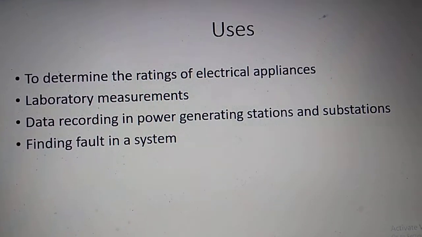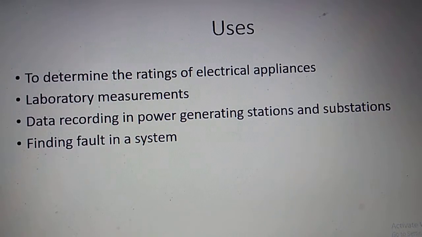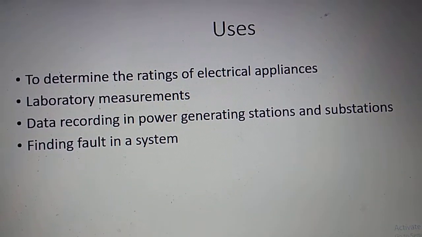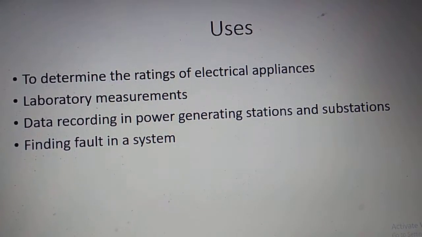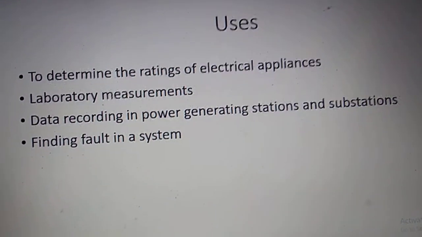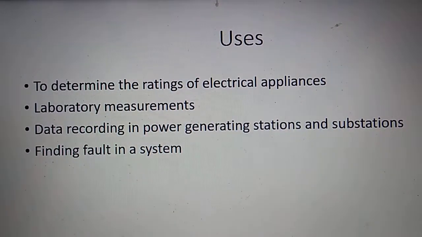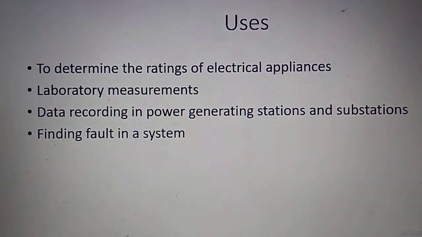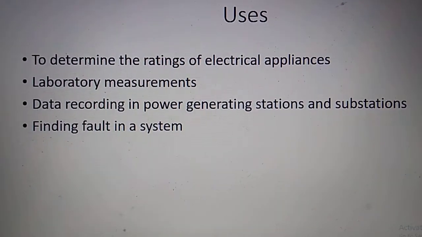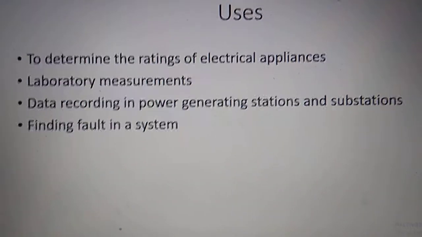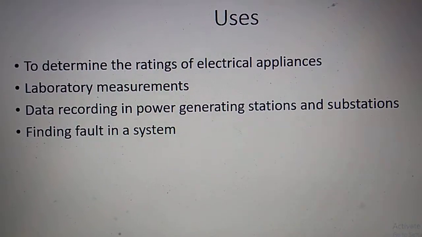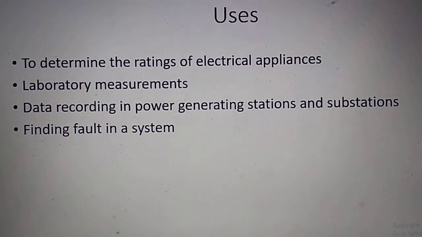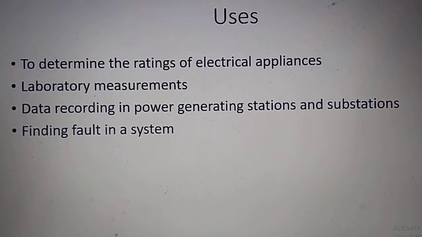Finding fault in a system, the fourth one. As you have seen, if there are some electrical disturbances, the electricians always say that we have to find the fault, what type of fault is there in the system. So finding fault in the system is another use for the electrical measuring instruments.